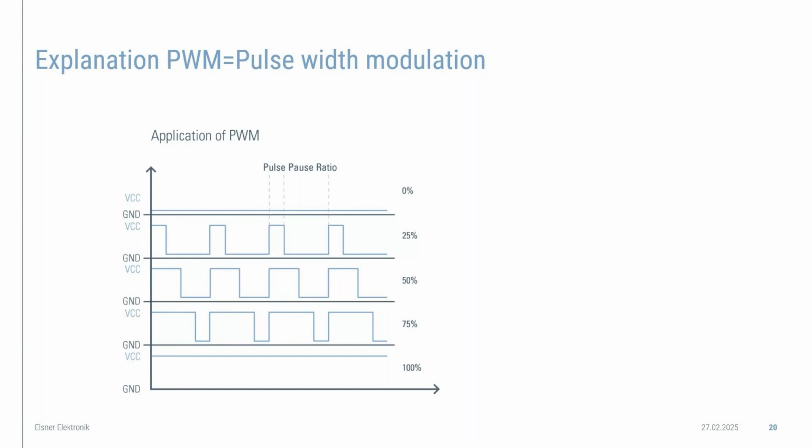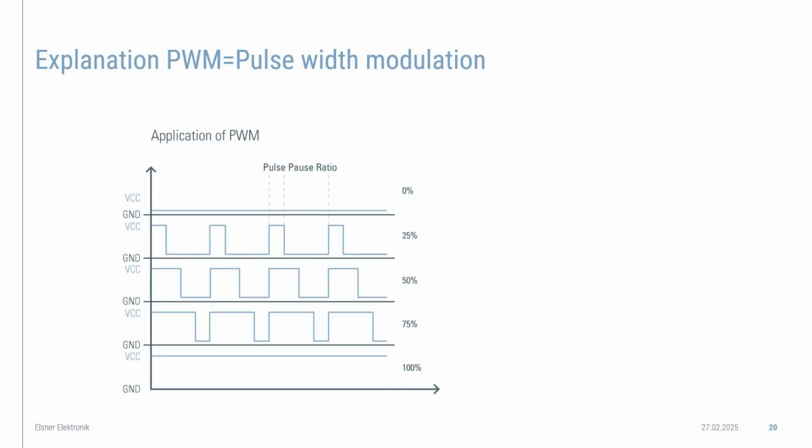For continuous control, it is necessary that the valve not only opens or closes completely, but that we can also control the valve in various intermediate positions. This is realized via the so-called pulse width modulation control. The valve can move to different valve positions via the ratio of the pulse and the pause time.